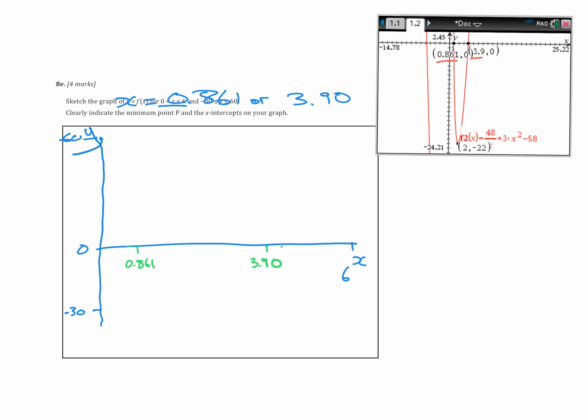We know we've got this point P, a bit higher I think, at 2, minus 22, and just make sure we go through all those points. And it's looking pretty good now. I'm quite happy with that. I'm happy to give that to my teacher.